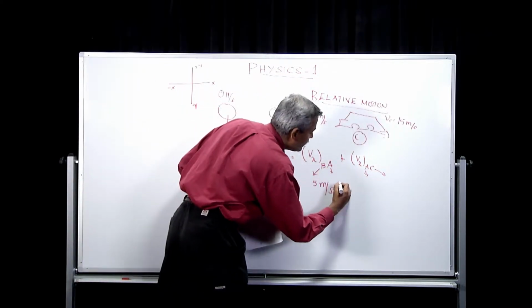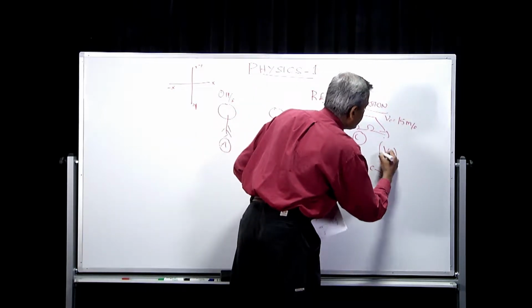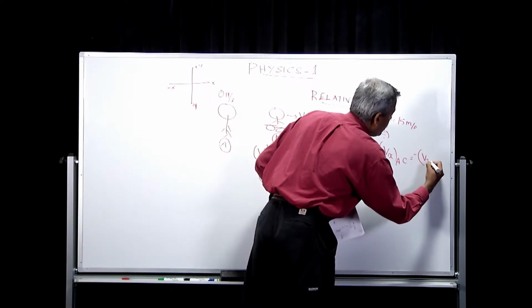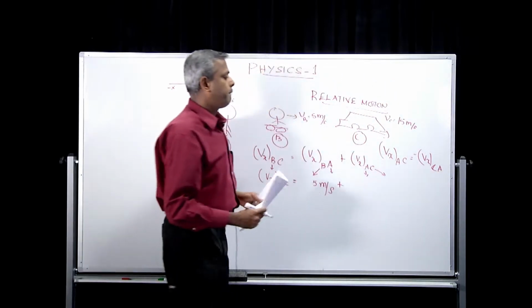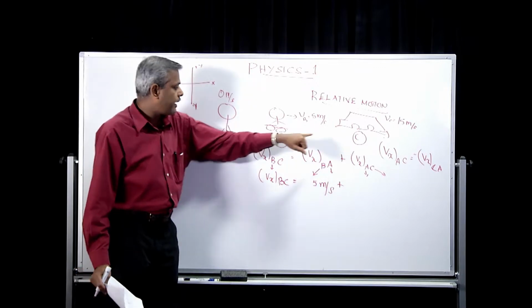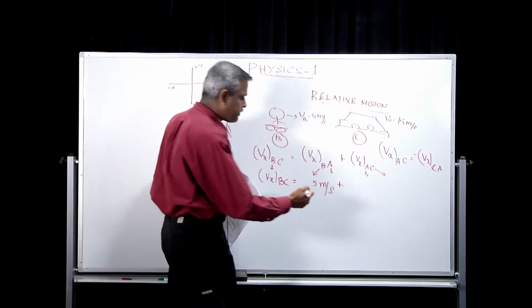You can also write this equation. I can write V x A with respect to C is nothing but minus V x C with respect to A. So, if I want to find the velocity of this guy A with respect to C, then I just take an inverse or negative sign.